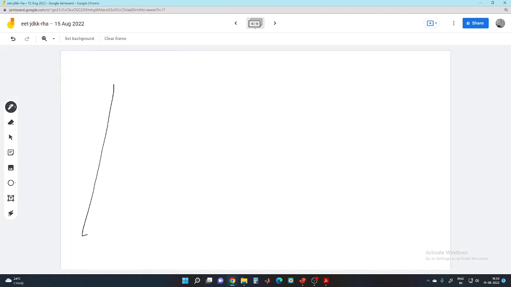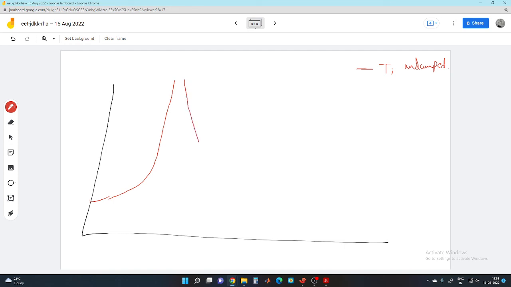So if we see on a graph, this red line shows TI, which is the undamped case. So the transmissibility increases up to infinite and then goes down very sharply.